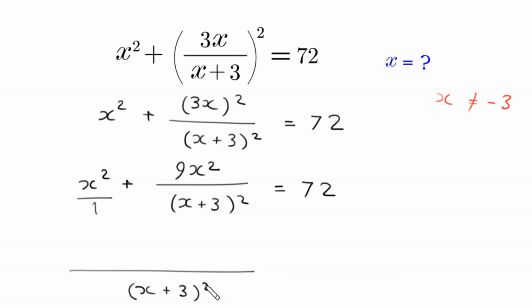We divide this LCM by this denominator, we get this expression, so we multiply this expression by this x squared. This will become x squared times (x plus 3) whole squared plus this LCM divided by this denominator 1 times this 9x squared is equal to 72.